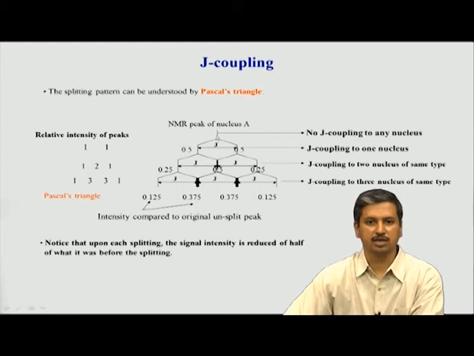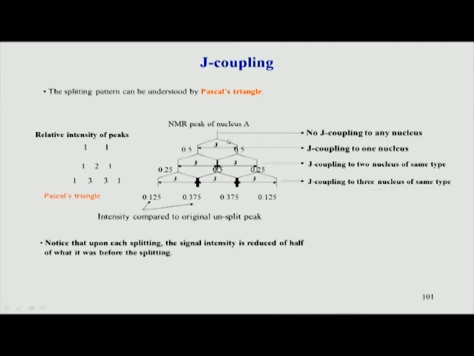Let us say that the intensity of this line, which I am pointing to by this arrow, is 1. Then because of the splitting it gets equally divided into half and half. So, you can see this is called a 1:1 pattern, because the ratio of this peak to this peak is equal. So, 0.5:0.5 is 1:1. This is what happens when there is a J coupling to one nucleus.